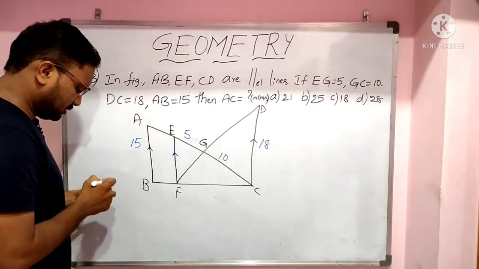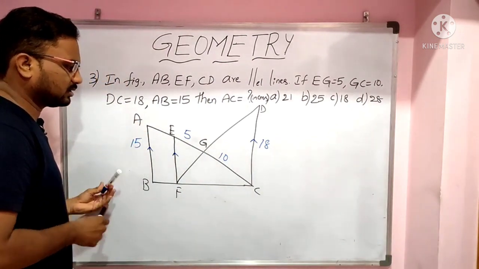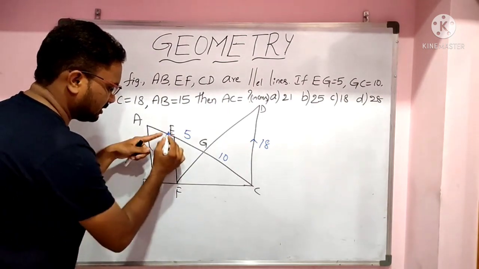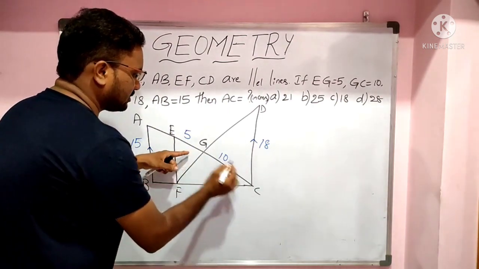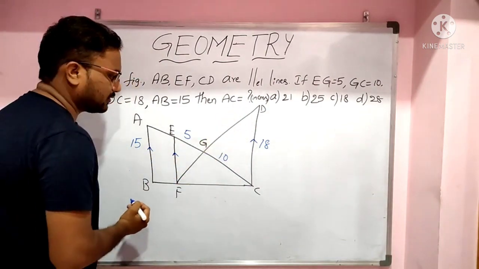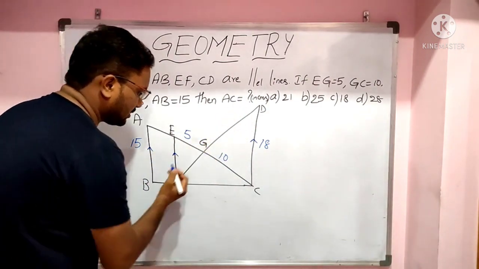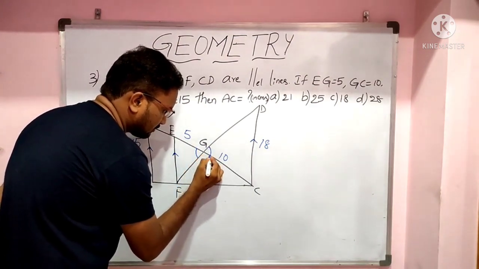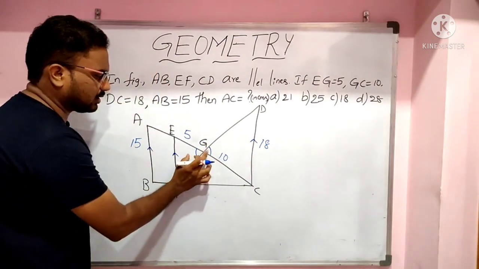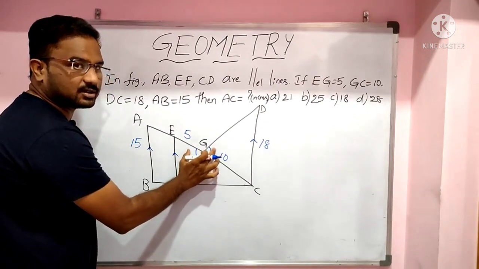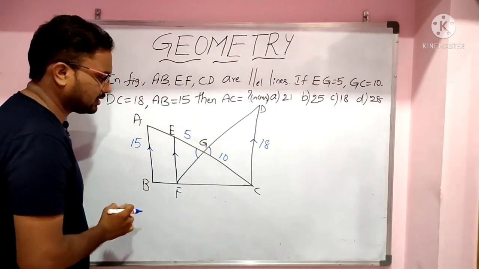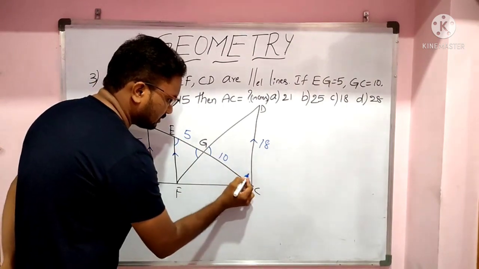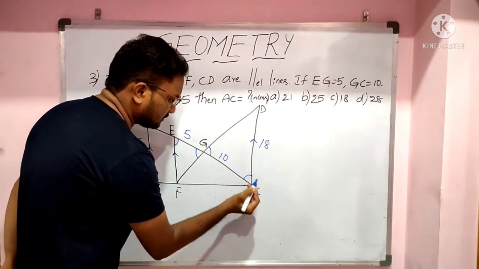First of all, if you observe these two triangles, triangle EFG and triangle CGD, this angle and this angle both are equal because these two are vertically opposite angles. And these two angles are equal.